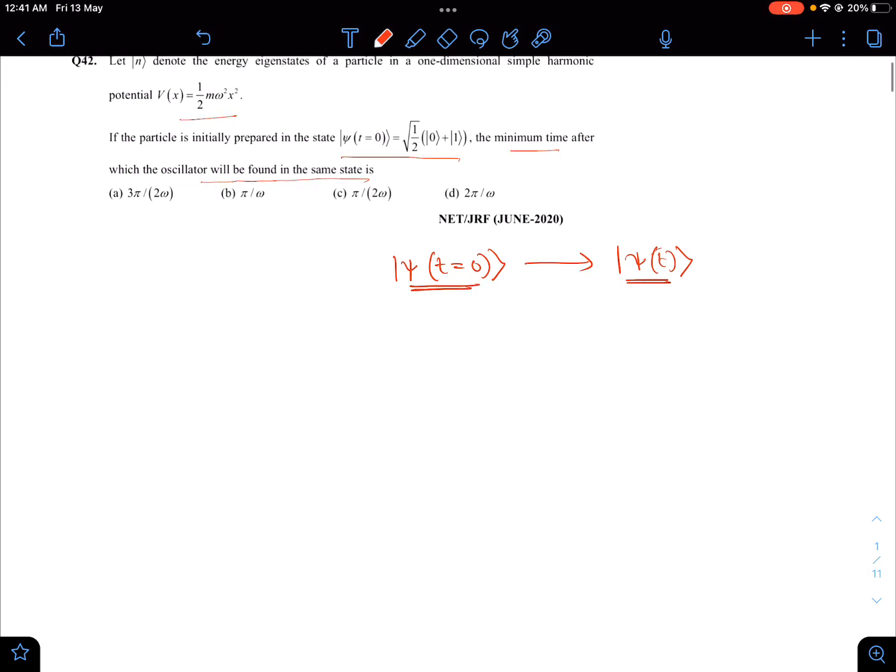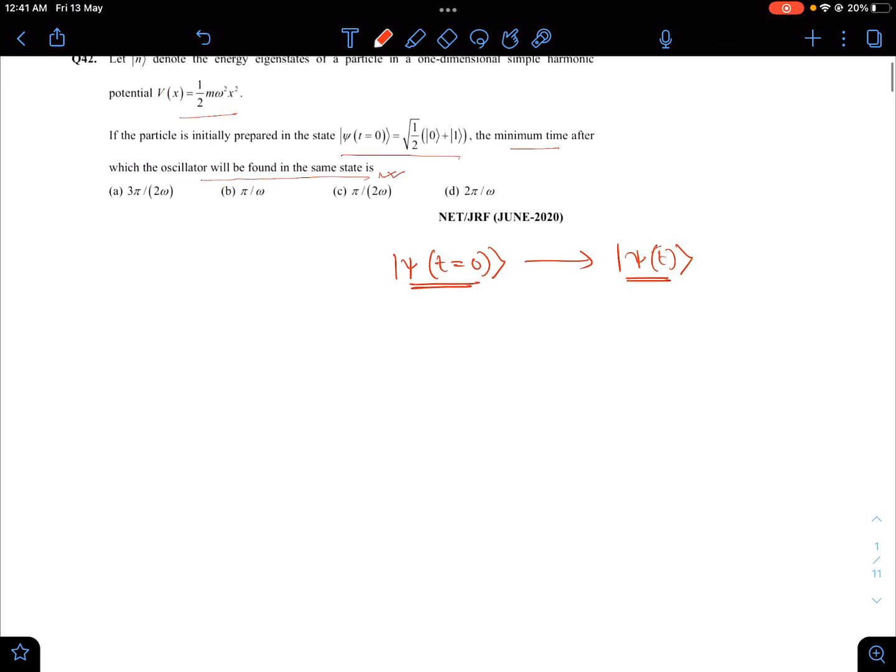After that minimum time the oscillator will be in the same state. That means if we calculate the probability of collapsing psi at time t with psi at time t equal to 0, then the probability must be 1. So that is the catch. We can easily calculate this.